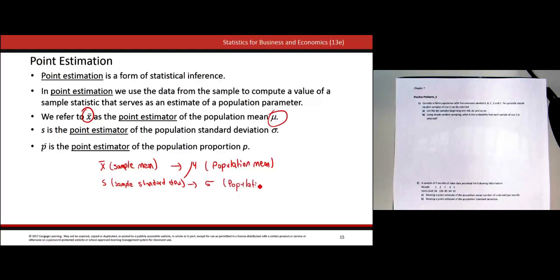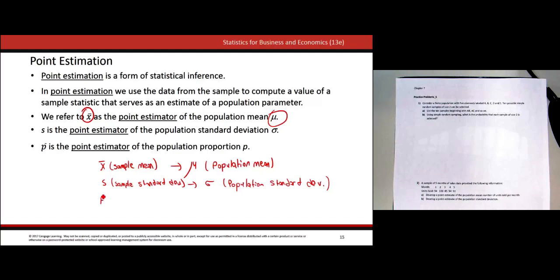So the sample standard deviation is the point estimator of the population standard deviation. It is point because it is just one single number, and we don't know how close that sample standard deviation is to the actual value of the population standard deviation.